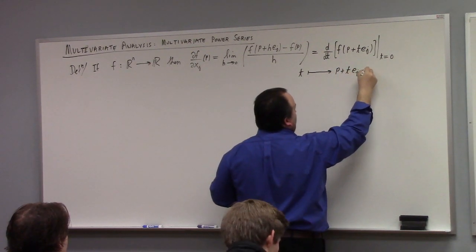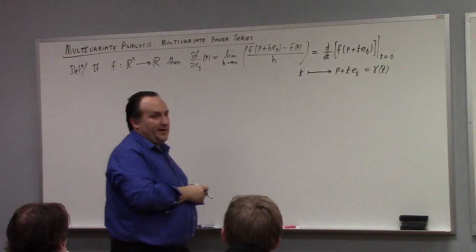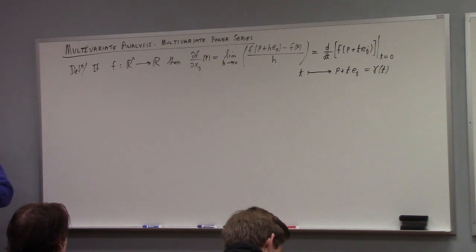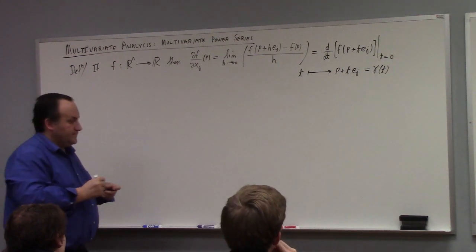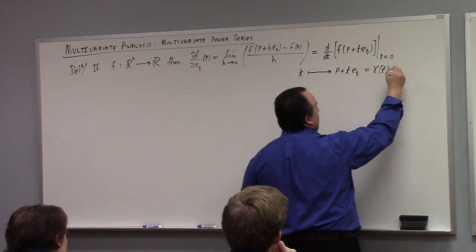What is this? If I call this thing gamma of t, can you describe that path? What is that path? What's a path which is going through p plus t e_j? What's gamma of 0? Yeah, gamma of 0 is p.